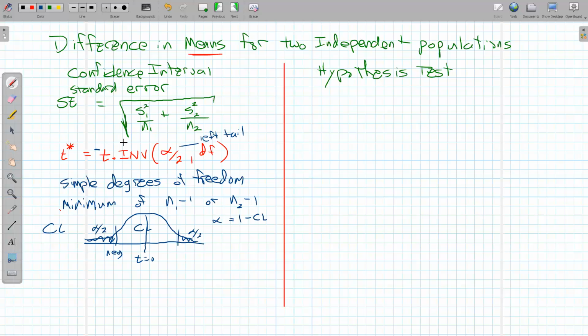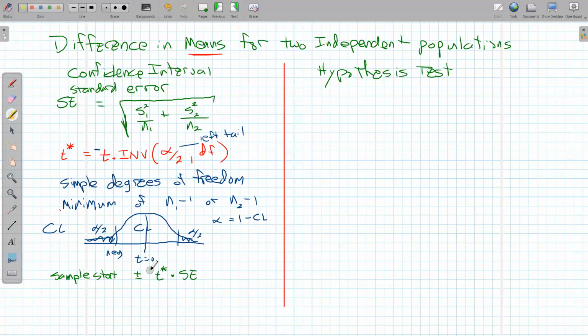Once I have that, then the confidence interval comes from the following formula, kind of like before. So generally for a confidence interval, we take whatever our sample statistic is, that's the middle of our interval, and then we add or subtract the z or t-score. This time it's a t-score, we call t star, and we multiply that by the standard error.